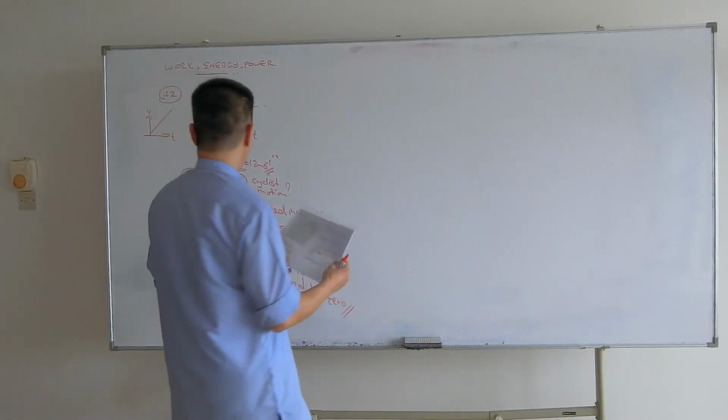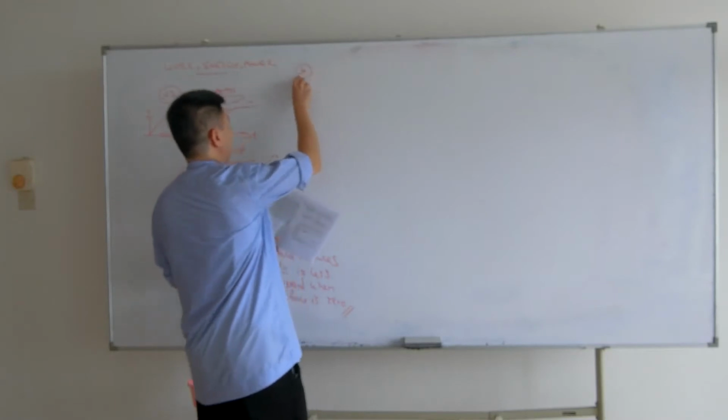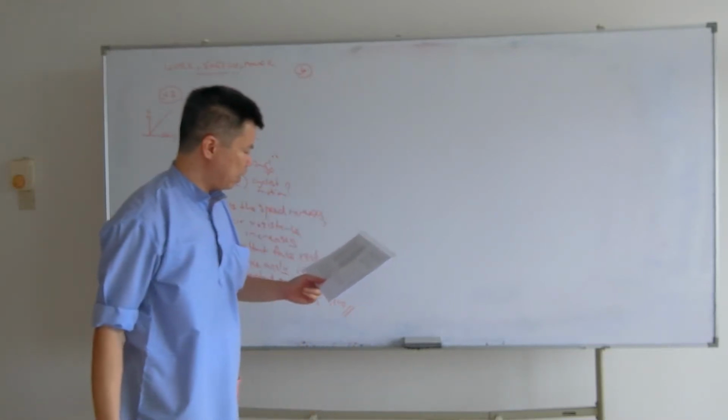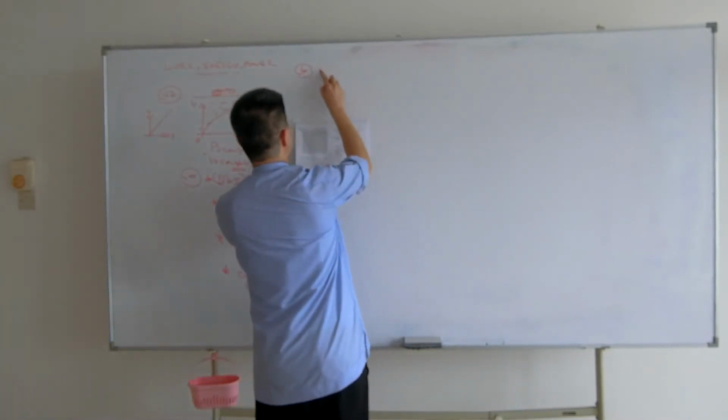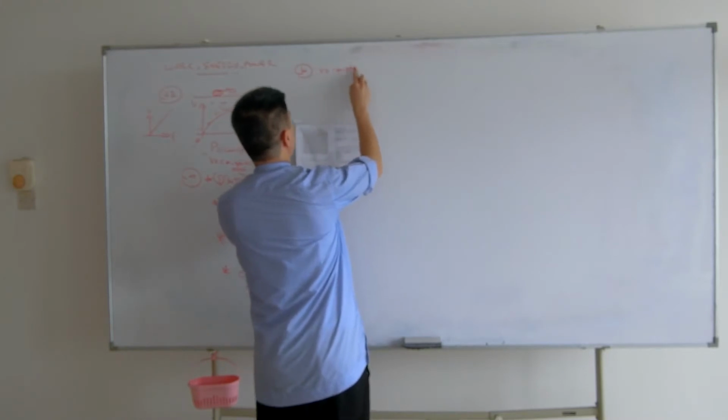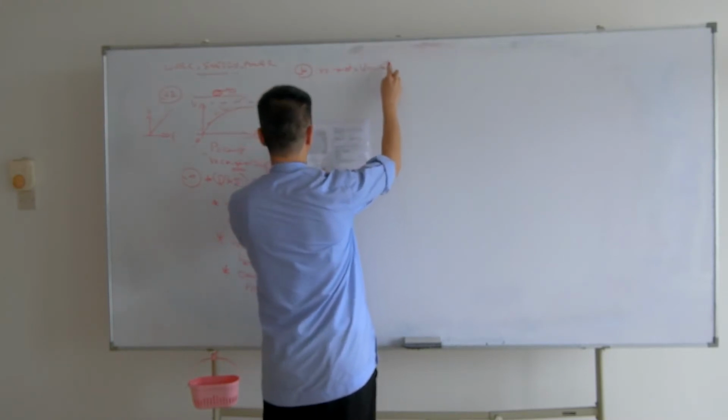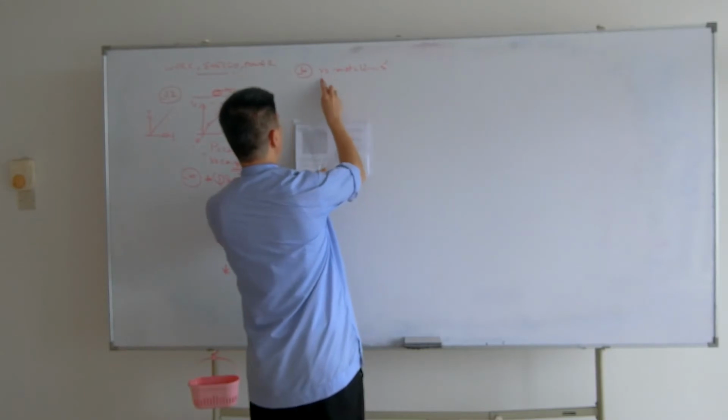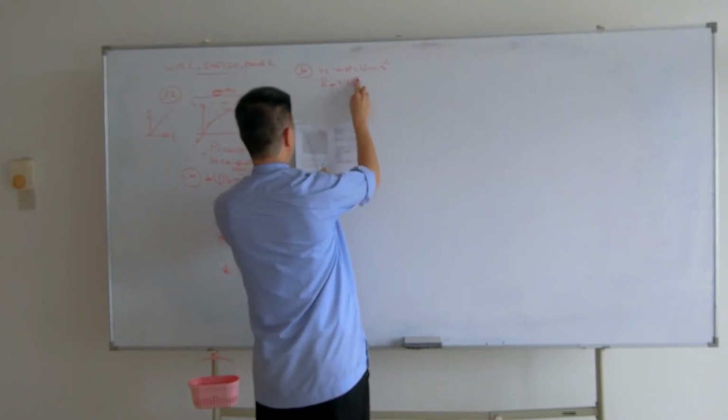Now we go to the next question, B. When the cyclist is moving at a constant speed of 12 meters per second, the resistive force is 48 newtons.